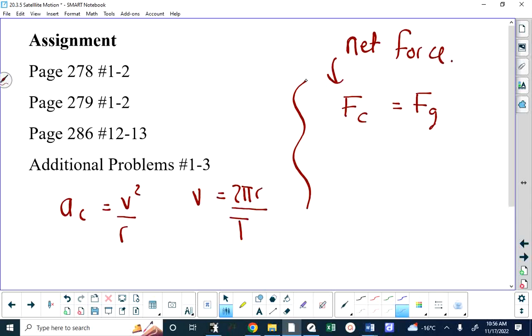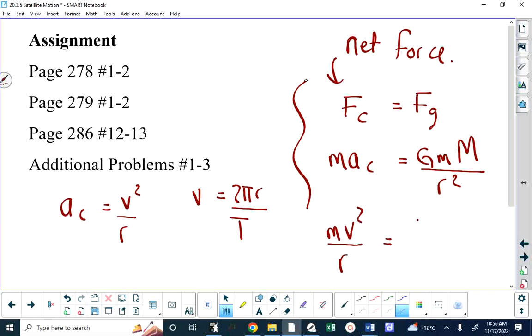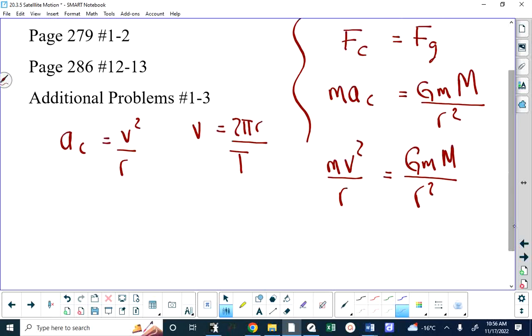We can write ma, which is net force, equals GMm over R squared. We can change that to the mass of the satellite times v squared over R equals G, mass of the satellite, mass of the central body over R squared. And that's how you develop a formula like v squared equals GM over R.